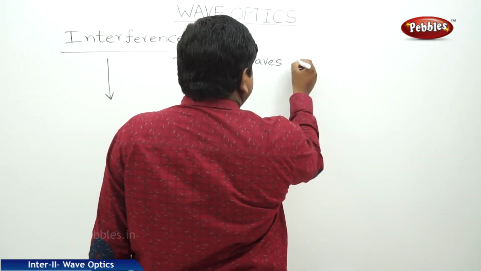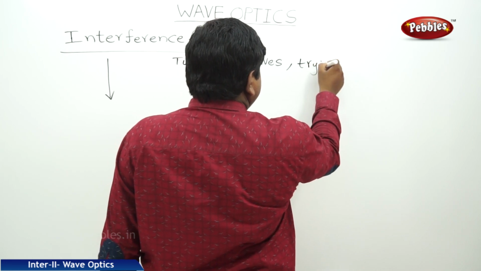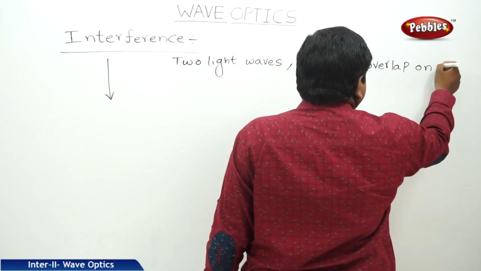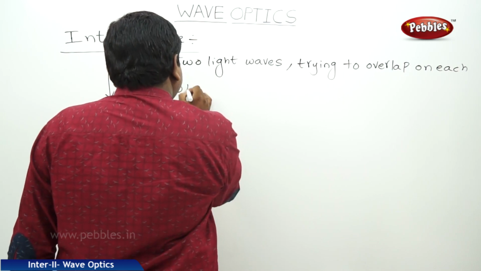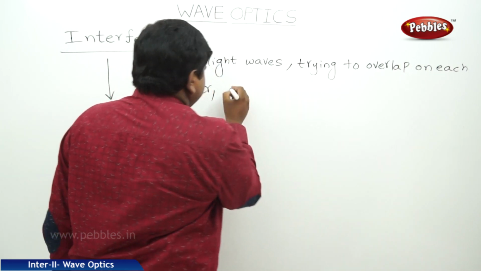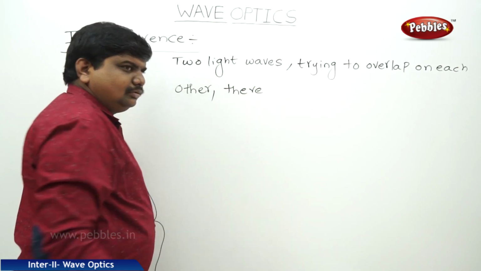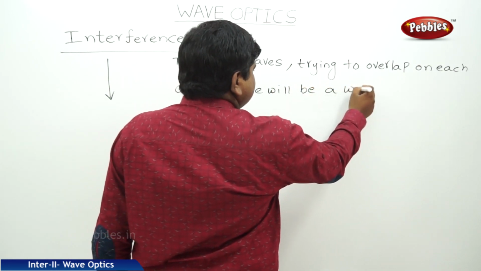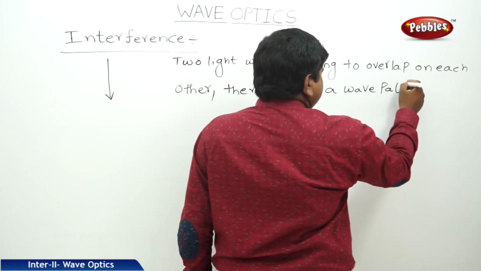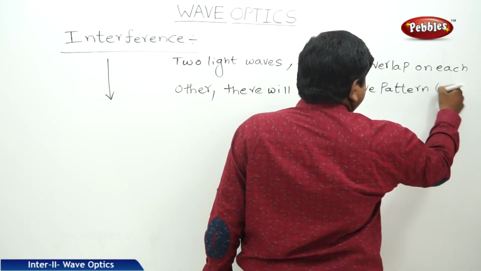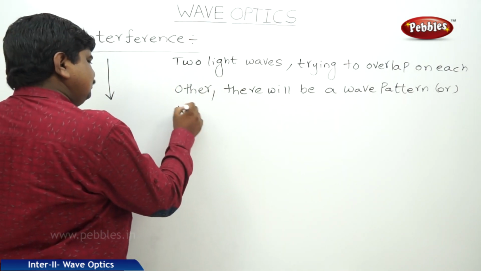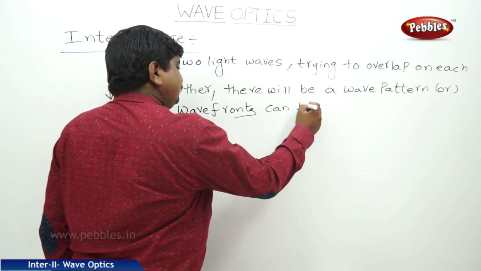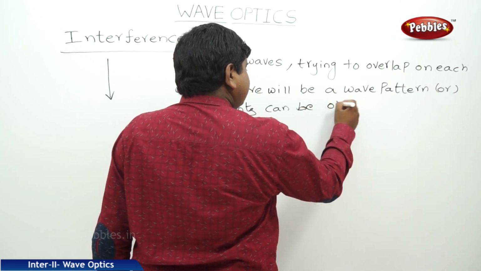Two light waves trying to overlap on each other, there will be a wave pattern or wavelets, wavefronts that can be observed.